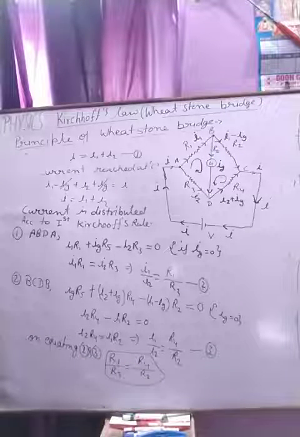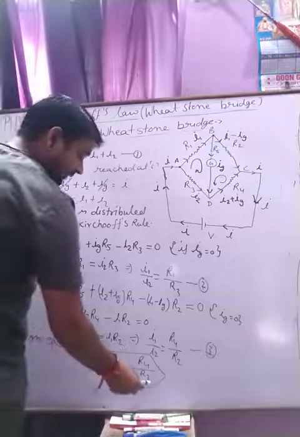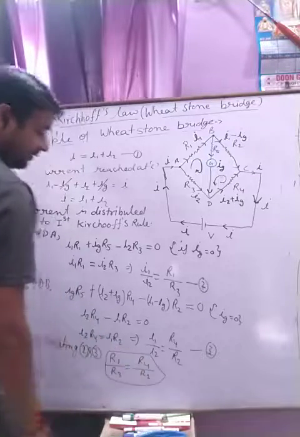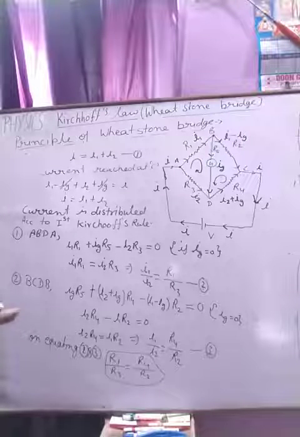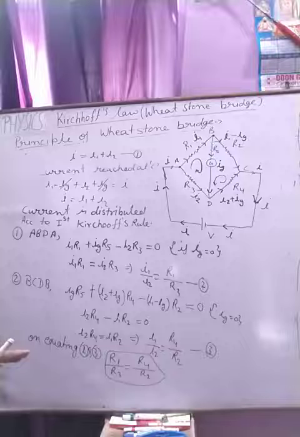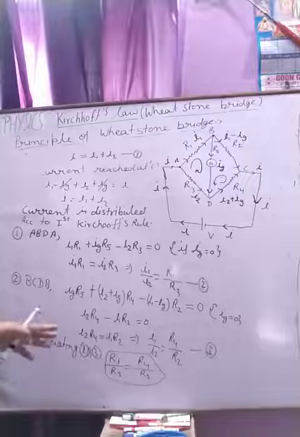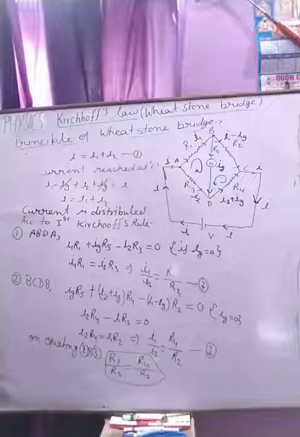For this diagram, this is the ratio of resistances: R1 upon R3 equal to R4 upon R2.